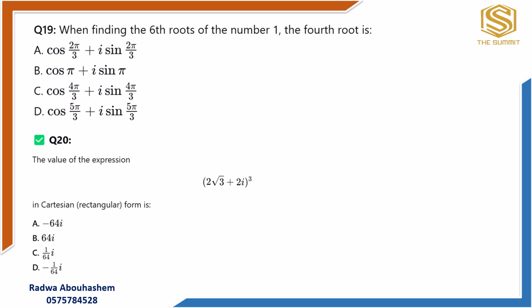Okay, here, question 19, when finding the fourth root of the number 1, the sixth root is. Okay, let's try to write the rule and apply it step by step.